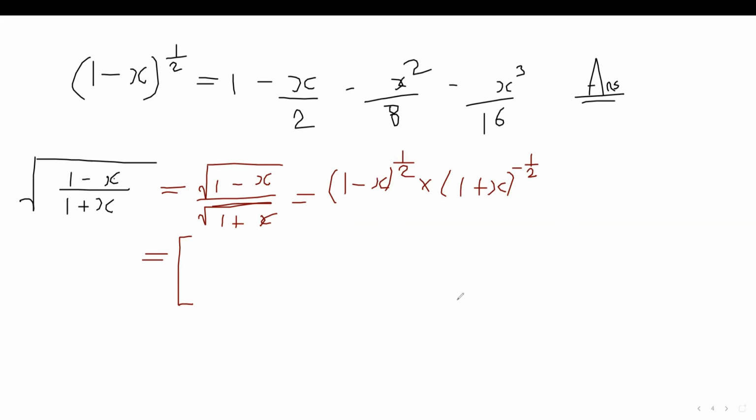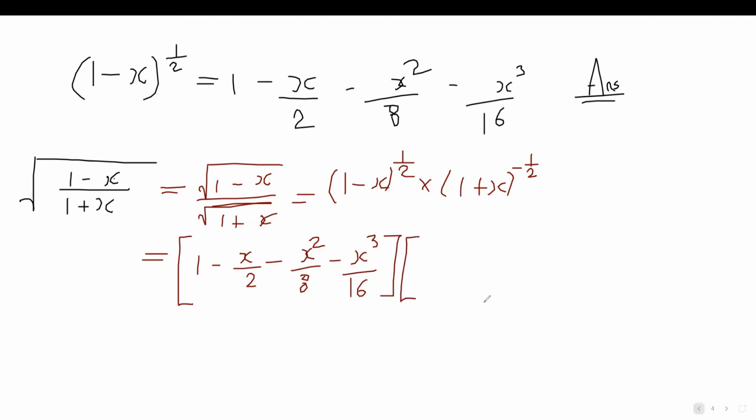So 1 minus x to the half is 1 minus x over 2 minus x squared over 8 minus x cubed over 16. And all of this is now being multiplied by 1 plus x to the minus half.